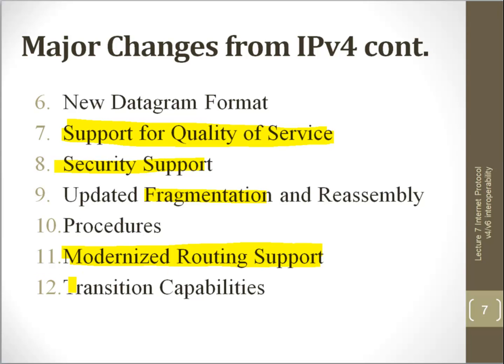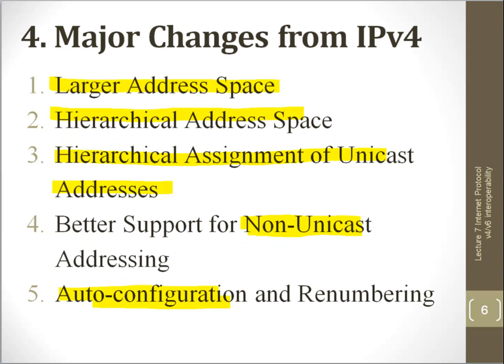Then transition capabilities, which we are going to discuss in this lecture. There are 3 things available: how you can move from IPv4 to IPv6, and IPv6 to IPv4. We are going to discuss these in the coming slides. So what we discussed here are the major changes from IPv4, the features available in IPv6.